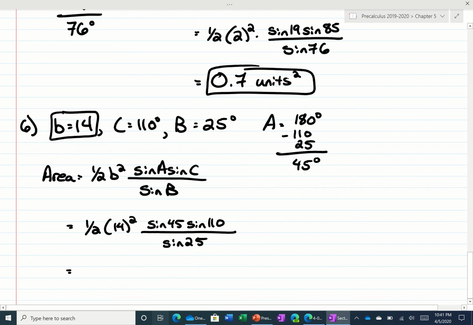So let's see what this is. 0.5 times 14 squared times the sine of 45, times the sine of 110, divided by the sine of 25. And I'm seeing that this is 154.1, and we're going to put units squared because that's how we label area.